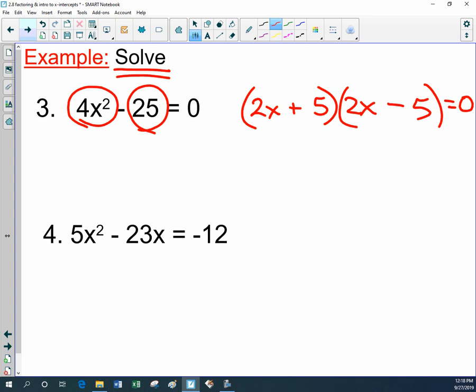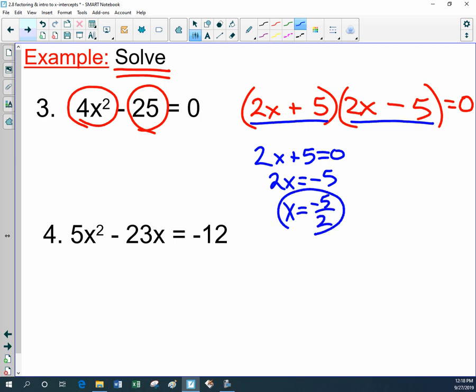Okay, we're solving. So all of this is set equal to 0. And once I have it factored, then my next step is to set what's inside each parenthesis equal to 0 and solve. So I set 2x plus 5 equal to 0, and now solve this for x. So this would be 2x equals negative 5, divide by 2.